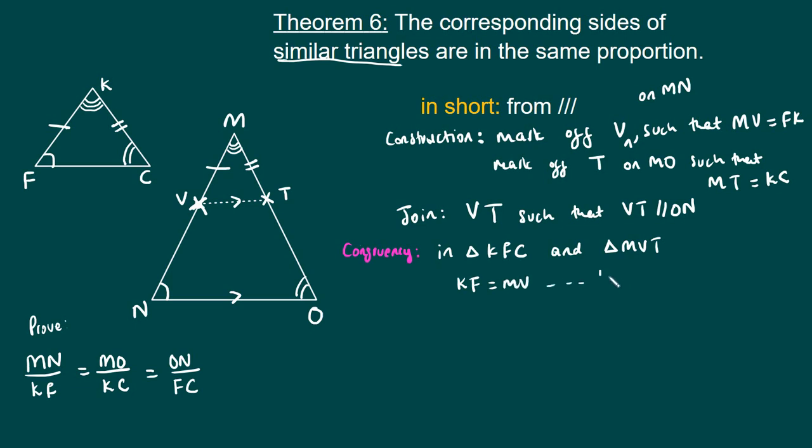Then you're going to tell them why: by construction, because you constructed it that way. And then you're going to tell them KC is equal to MT. Why? By construction.